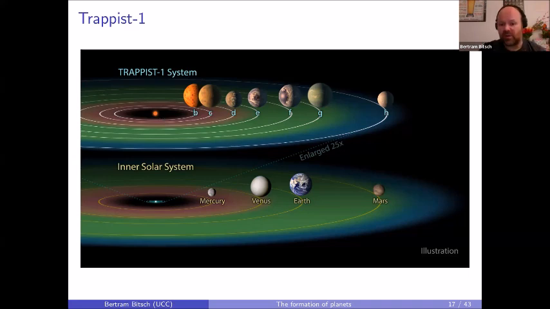So everything is much colder within the system. And so these planets E, F, and G would orbit in the same zone as the Earth, where we can find liquid water on the surface of these planets. So this is why these planets are of crucial interest for our understanding of planet formation, and maybe to understand if there's life on other planetary systems.